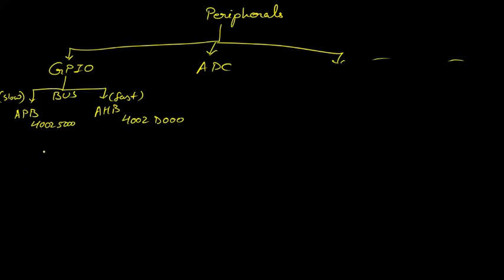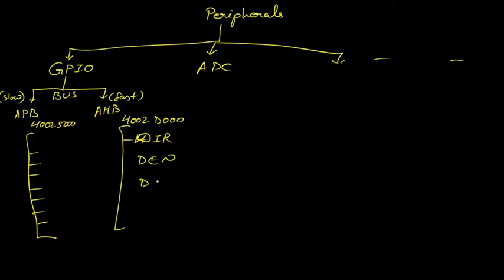After these buses have been enabled, you have all the different offset registers, and these offsets are always the same. You can check from there the offset for DIR, digital enable, or data.